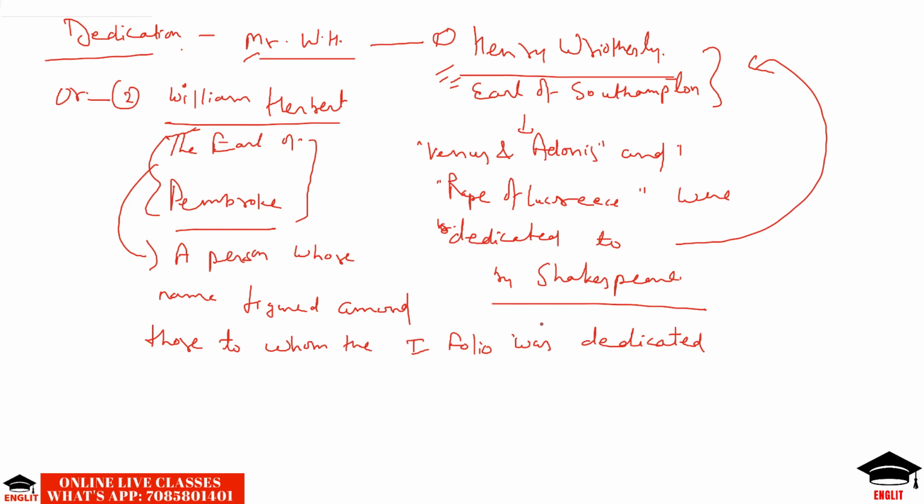This is a strong reason why W.H. can be interpreted as William Herbert, because his name was on the First Folio. So this could be the person of dedication. Or, assumption number 3, W.H. may refer to William Harvey, who was the stepfather of the Earl of Pembroke.